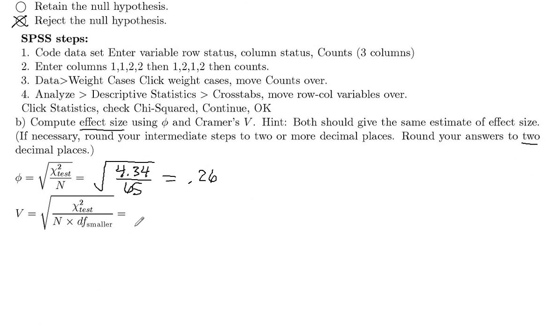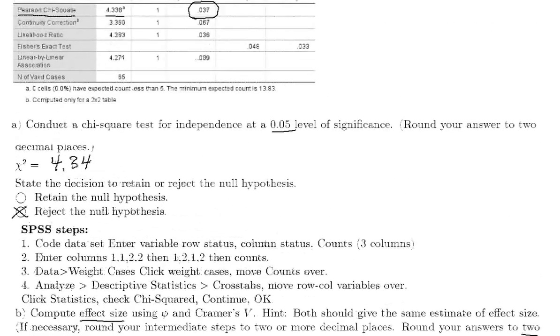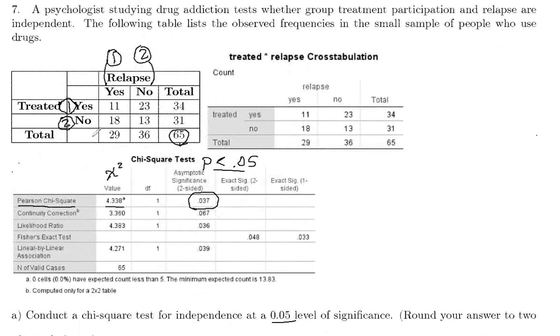And then Cramer's V, we do the same thing. We've got that chi-squared up on the top, 4.34. And then you divide by the 65 times the smaller degrees of freedom. So the 65 here, and then your degrees of freedom are 1 less than the number of rows and 1 less than the number of columns.